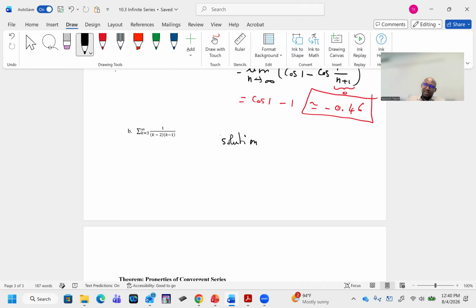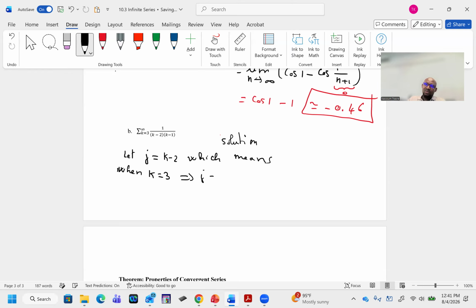Okay, we are going to use substitution, and let g be equal to k minus 2. Okay, which means when k is equal to 3 implies what?